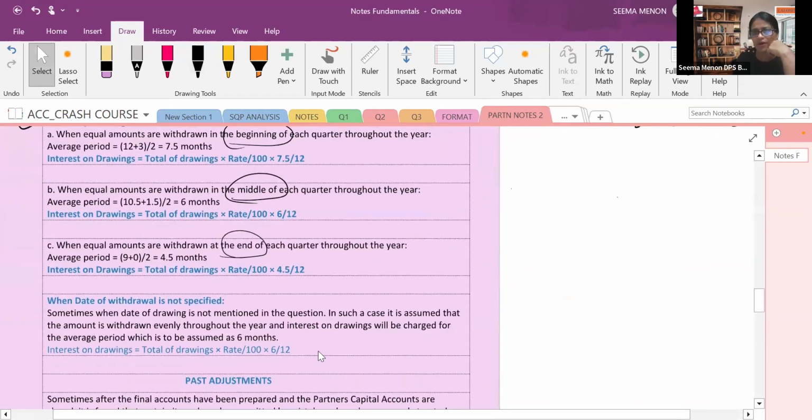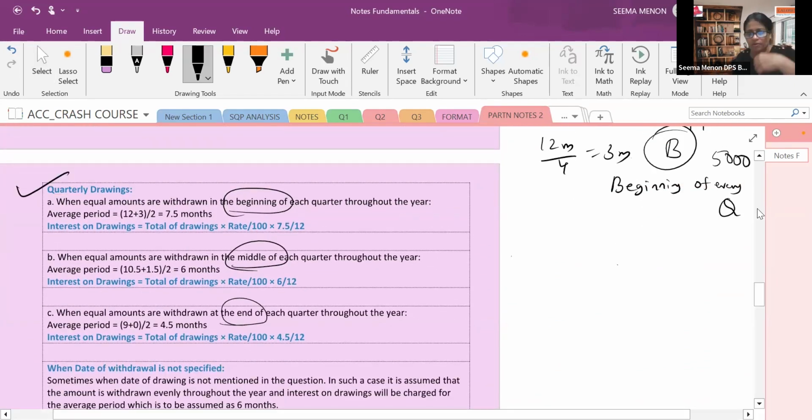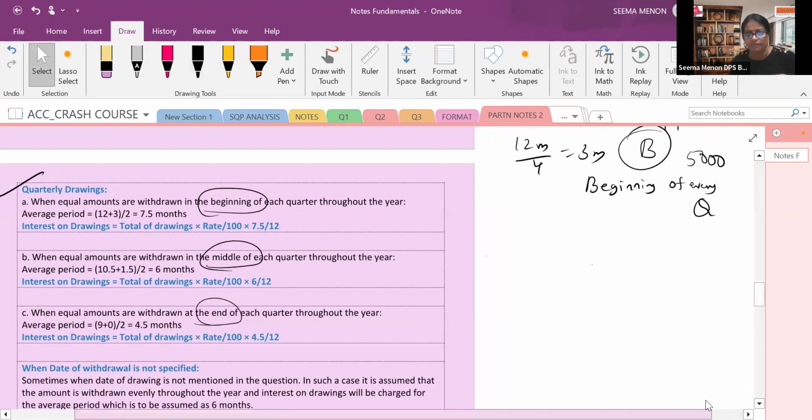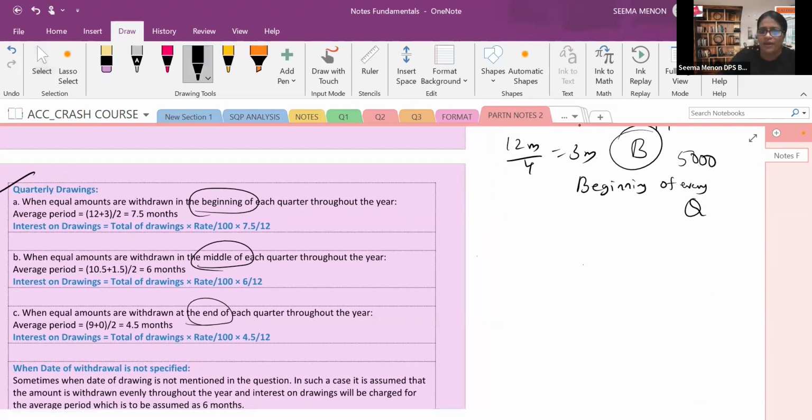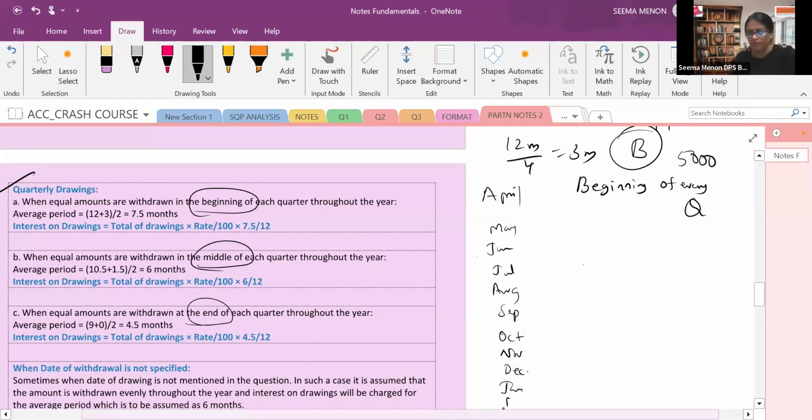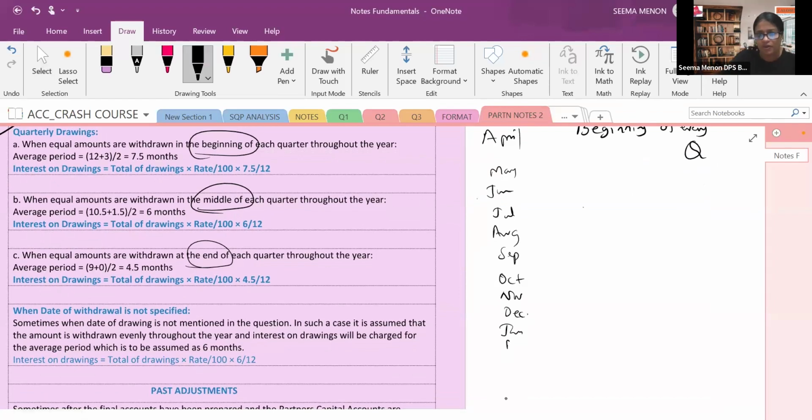Now children, here I am writing again April, May, June, July, August, September, October, November, December, then January, February, March. So my partner B is withdrawing in the beginning of every quarter.